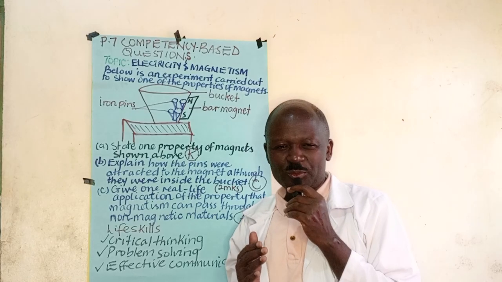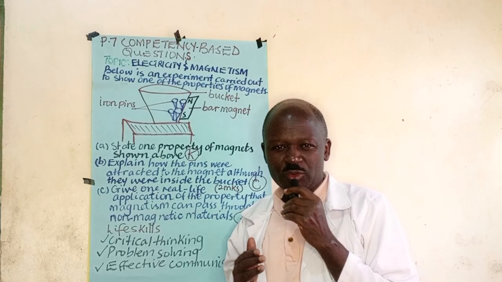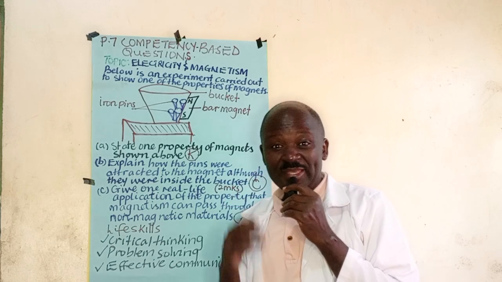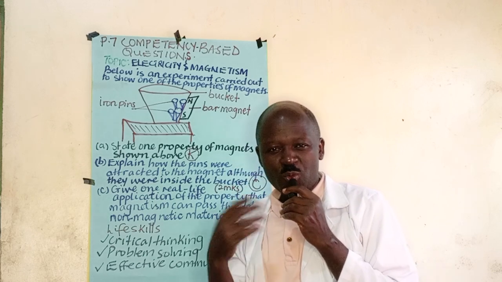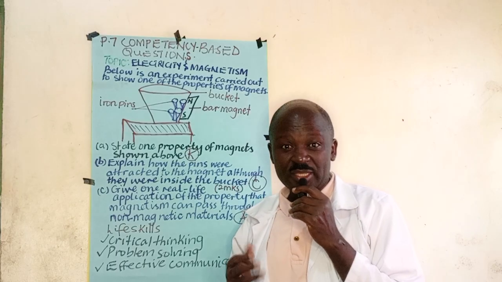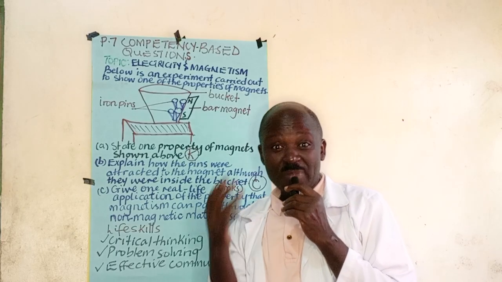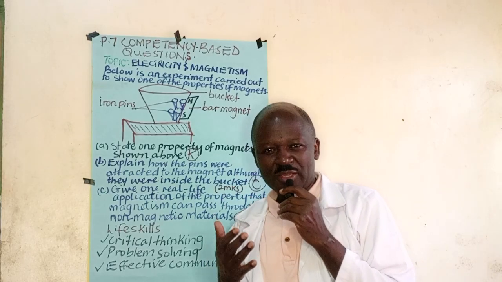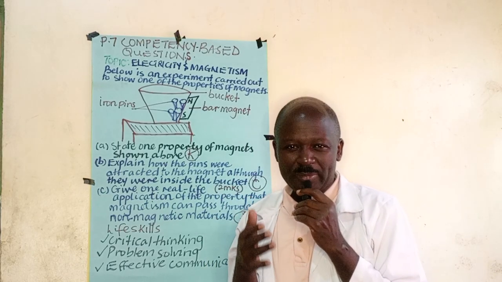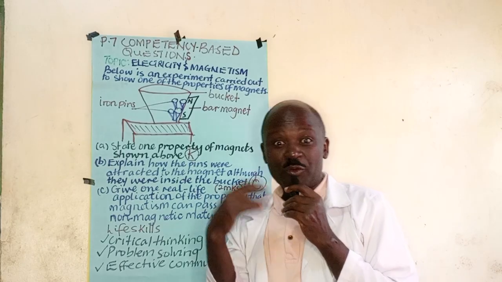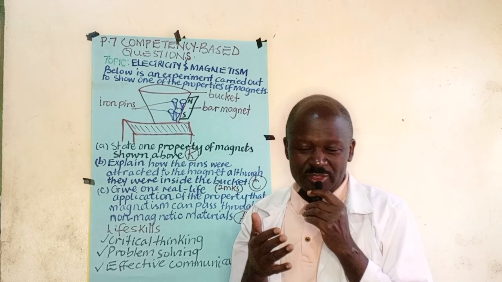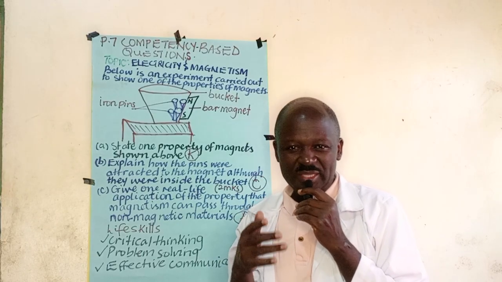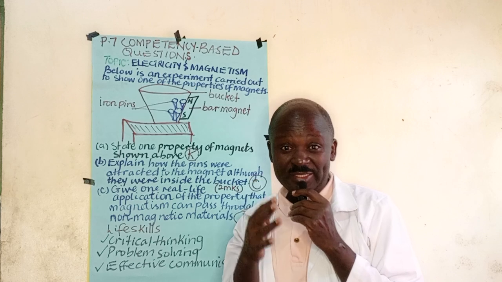What are the answers, without wasting time as I wind up my video? The first response is, it is used to separate iron materials from wastes. Or a child can say, it is used to separate magnetic materials from non-magnetic materials. It is used to separate magnetic metal scraps from non-magnetic metal scraps. It is used to separate a mixture of iron filings and flour.